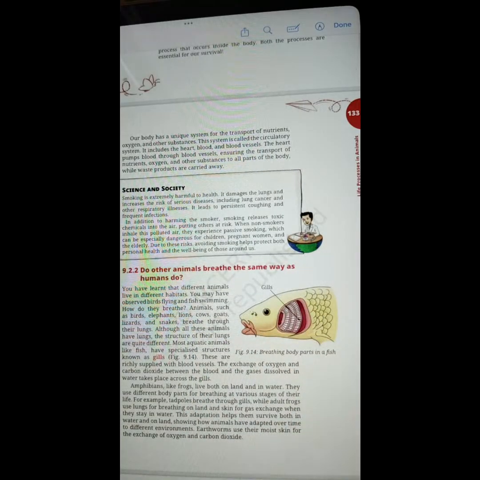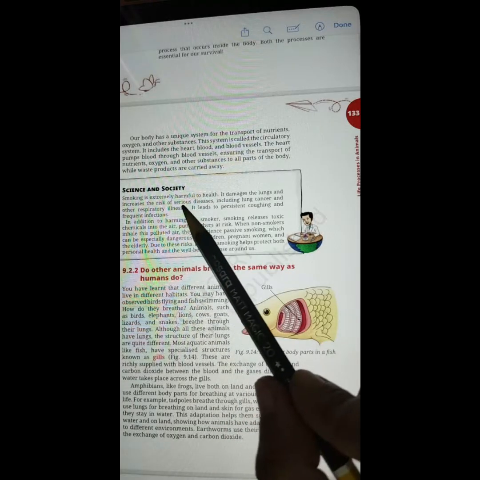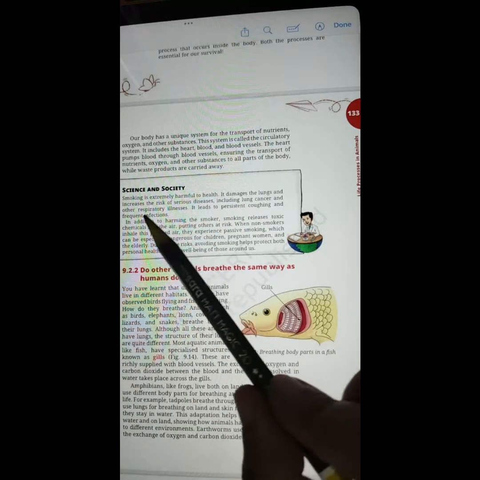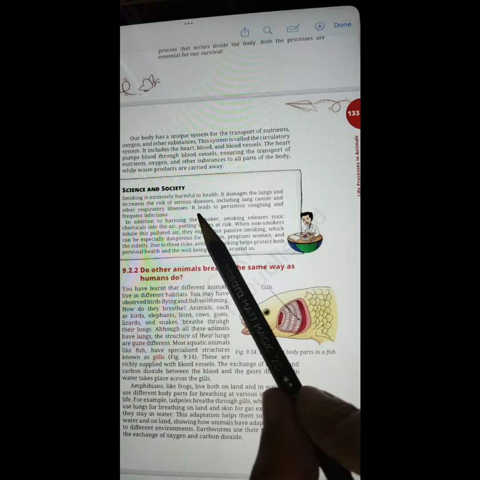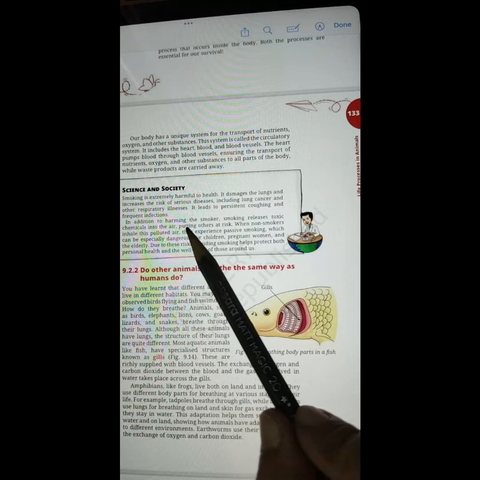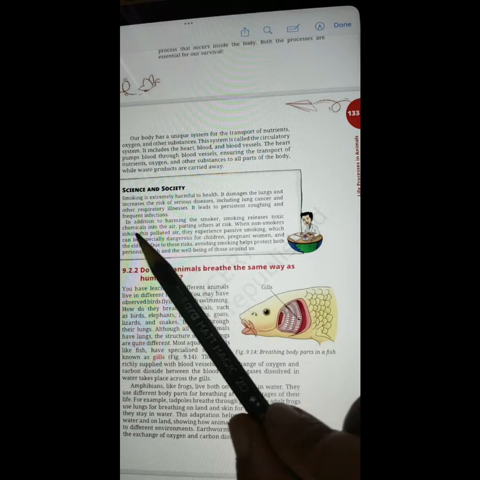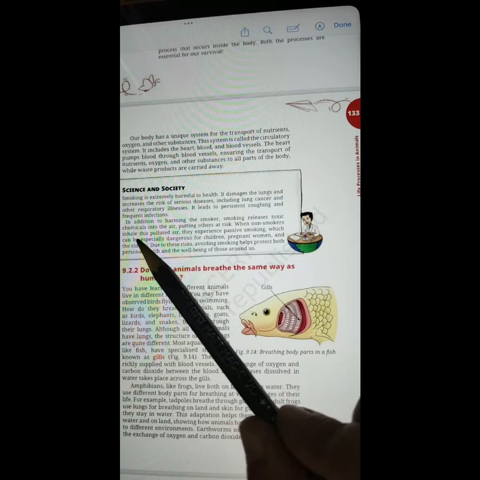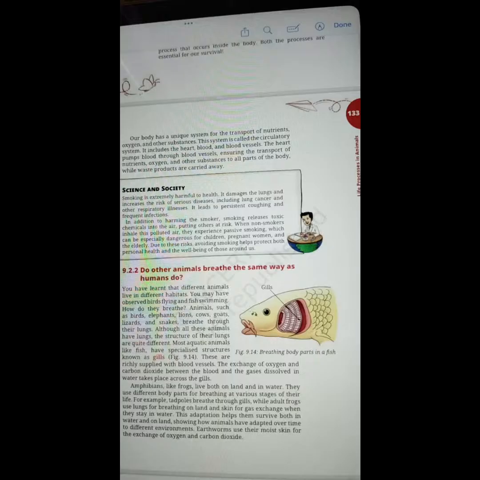Science and society. Smoking is extremely harmful to health. It damages the lungs and increases the risk of serious diseases, including lung cancer and other respiratory illnesses. It leads to persistent coughing and frequent infections. In addition to harming the smoker, smoking releases toxic chemicals into the air, putting others at risk.